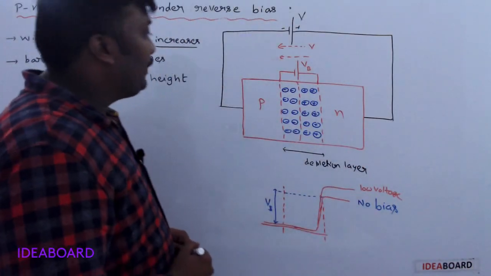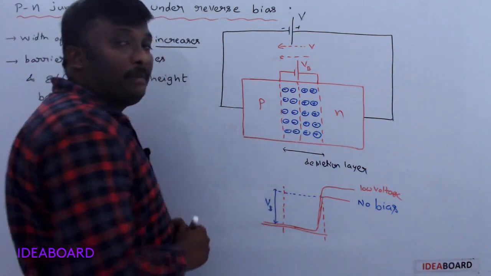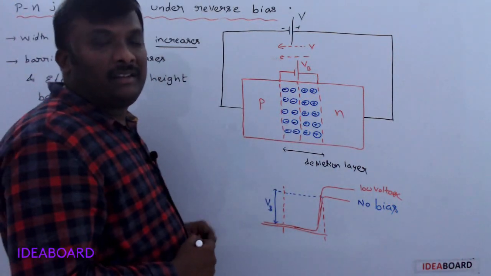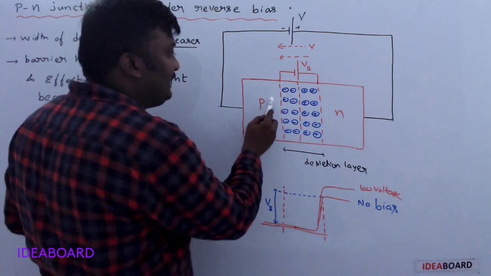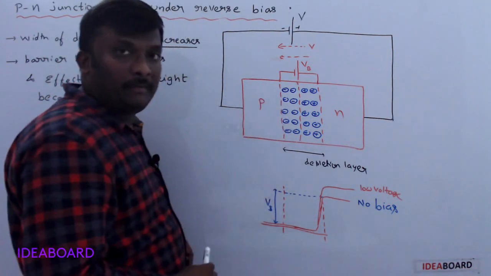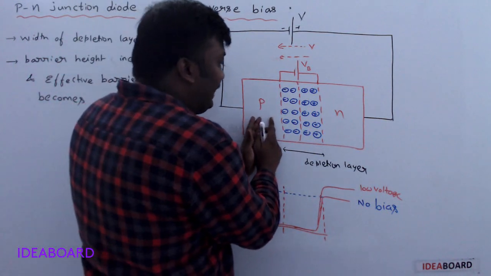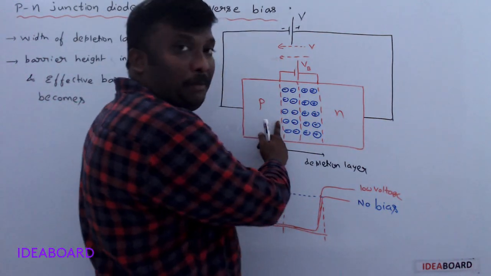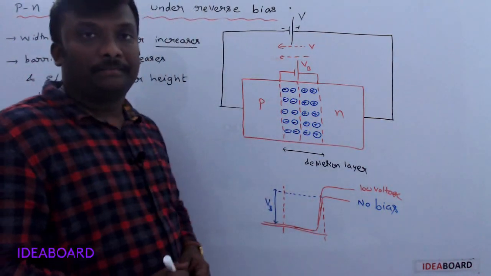Okay, but listen carefully. In P type, minority charge carriers are electrons. These electrons move randomly in the P region, and whenever they come nearer to the depletion region, what happens?